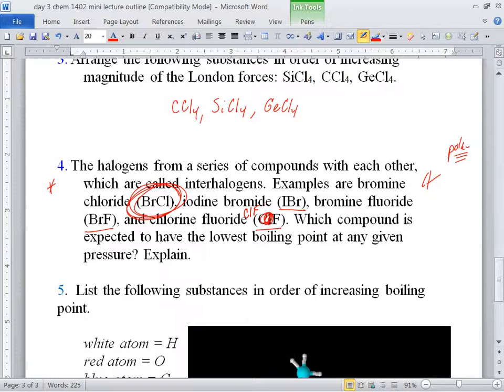I mean, they all are. Look at that, BrCl's on top of one another. I should change this so it's more obvious. Oh, they're all right on top of one another. But IBr is probably the least polar, least electronegative in the first place, and they're right on top of one another. I'd probably say IBr too. That's what I would guess too.